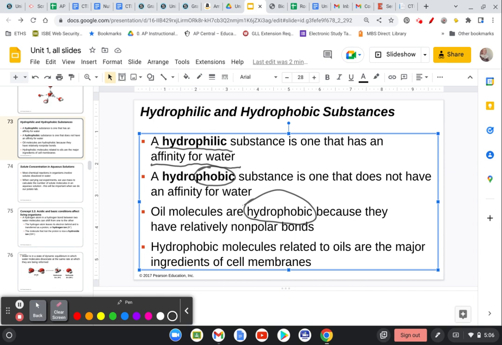So we have a cell membrane that has a large percentage of it made of hydrophobic or oily substances that will not allow polar molecules in and out easily. Down the road, that's going to set up all sorts of complications for how things get across cell membranes. But we'll talk about that, I think, in Unit 3. We'll leave that for now.